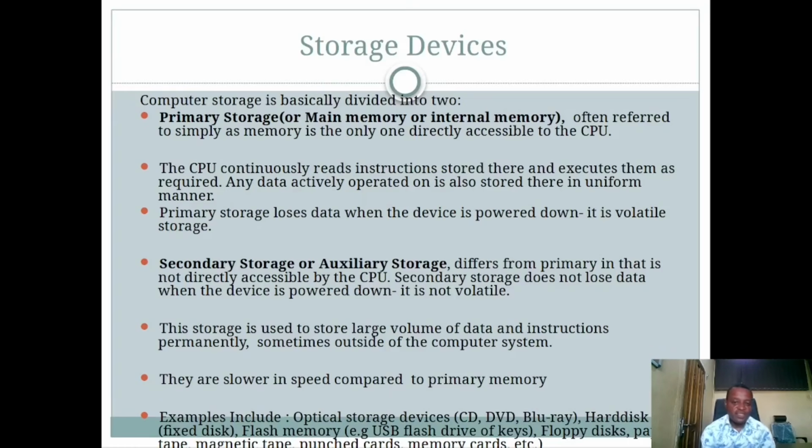optical storage devices such as CD. CD is what we call compact disc. We have DVD, digital video disc. We have Blu-ray. We are all used to CD and DVD. These are optical storage devices. They are flat plates and circular in nature.